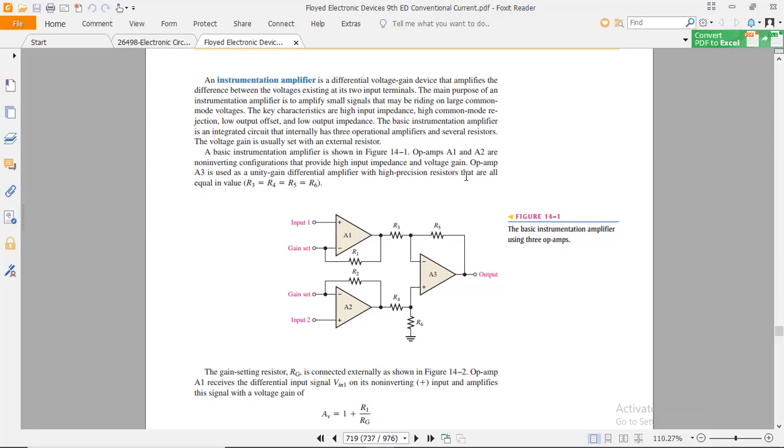High input impedance and low voltage gain: op-amp A3 is used as unity gain, meaning the non-inverting configurations A1 and A2 are connected to provide high input impedance and voltage gain. At this side there is a high input impedance because of compatibility with the input device provided to the operational amplifiers A1 and A2.